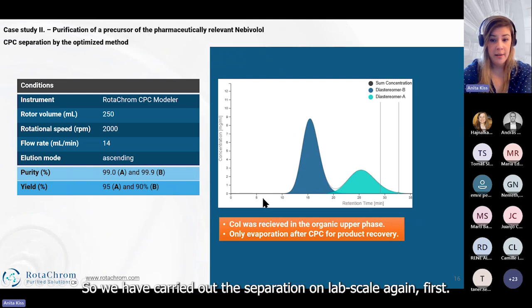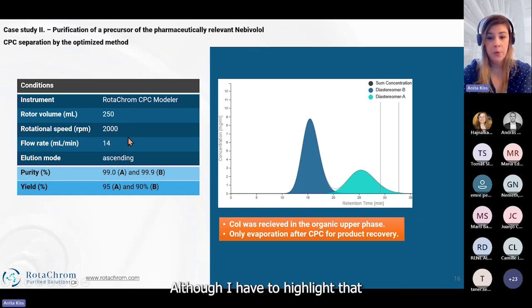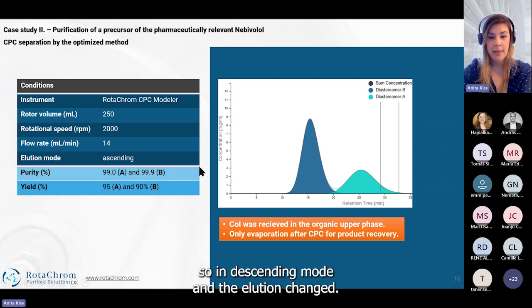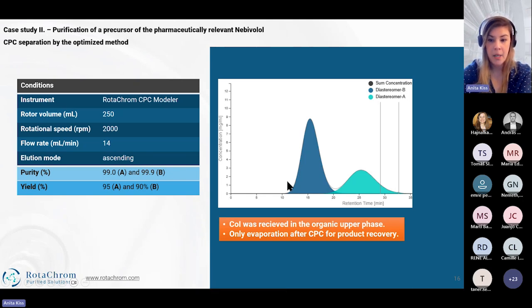So we have carried out the separation on lab scale again first. The details are here in the table, although I have to highlight that the chromatogram was carried out in ascending mode, so not descending mode, and the elution order changed. So the diastereomer B comes first in ascending mode.